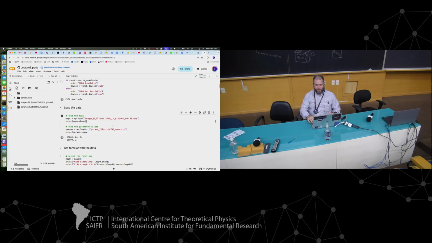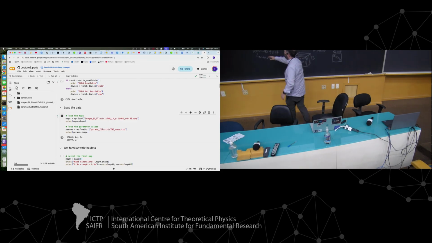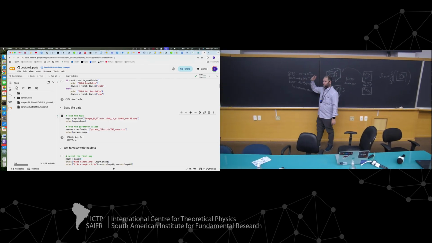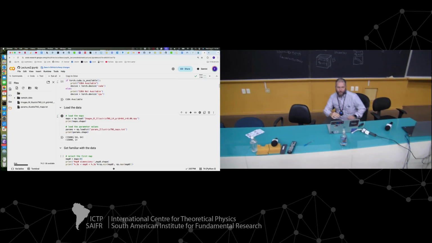So with this, we are just loading the data. We are loading this file with images, and we are loading the value of the cosmological parameters. What this is telling us is that all our data has 15,000 images. Remember, this is because all our simulations are 1,000, with 1,500 maps per simulation, so there are 15,000 maps.